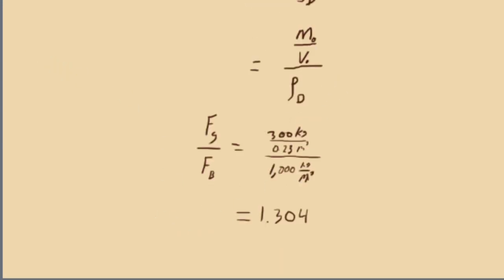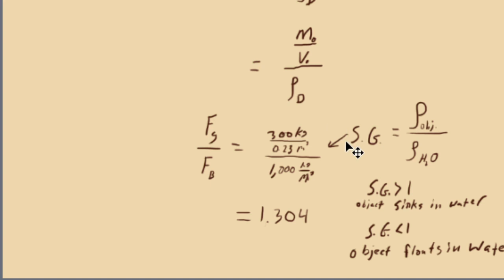And there's this concept called specific gravity. When we take the density of some object and divide it by the density of water, this is known as specific gravity.